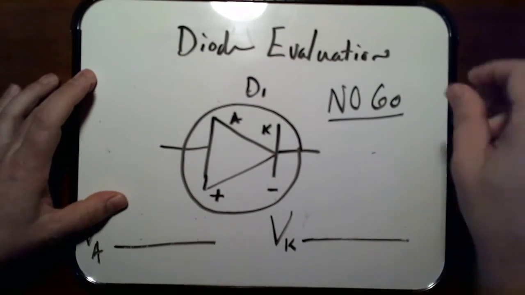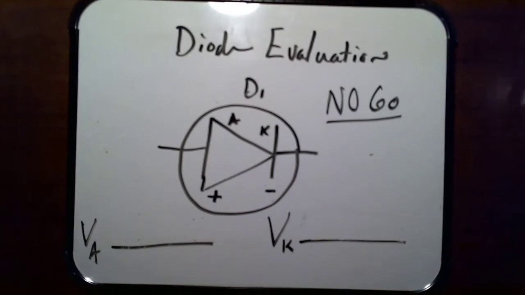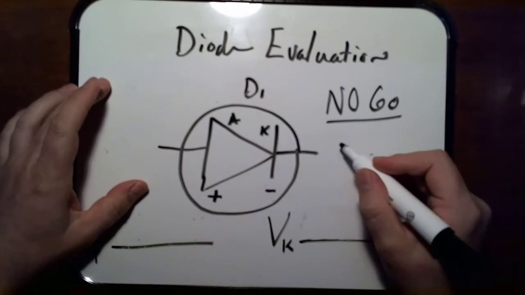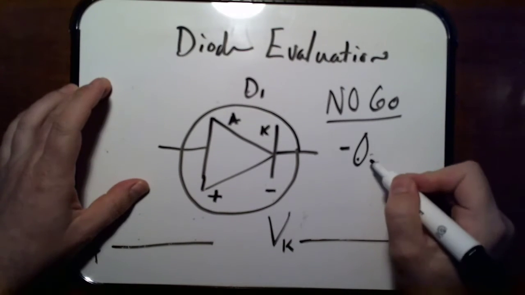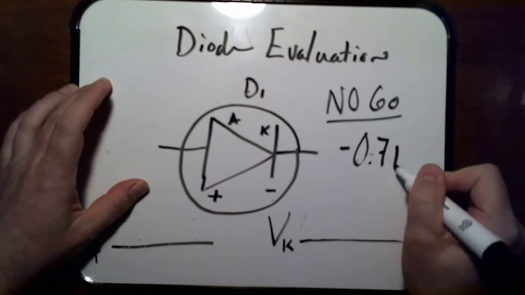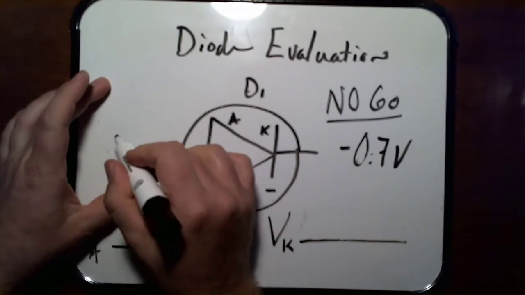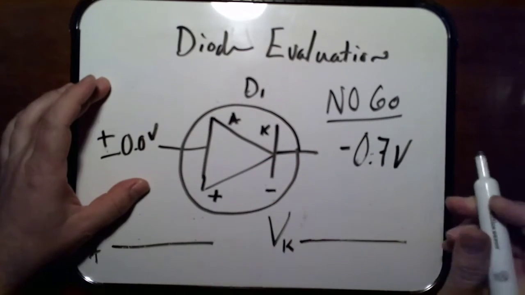Okay, I'm just going to leave this in place. Here's my diode again. Let's say that I have negative 0.7 volts and plus or minus 0 volts.